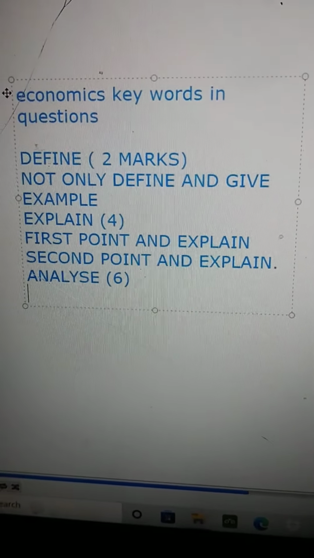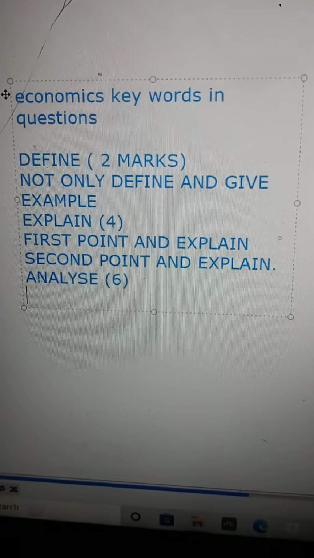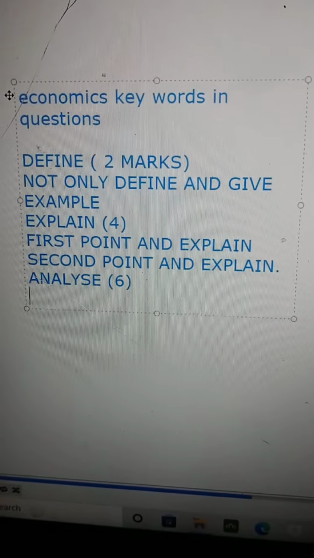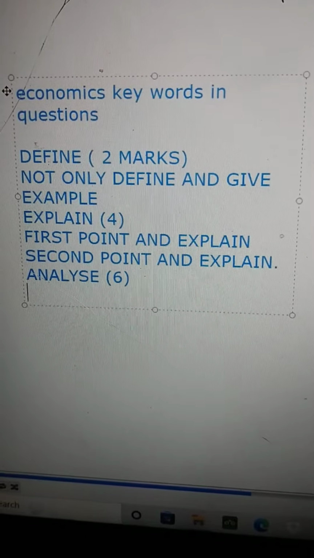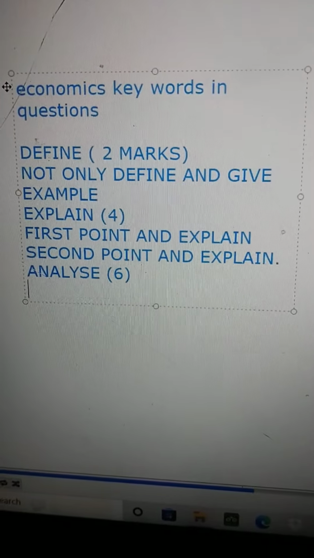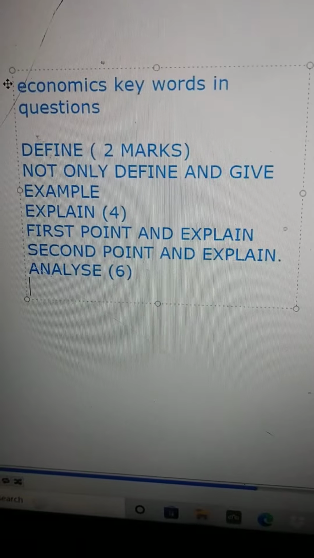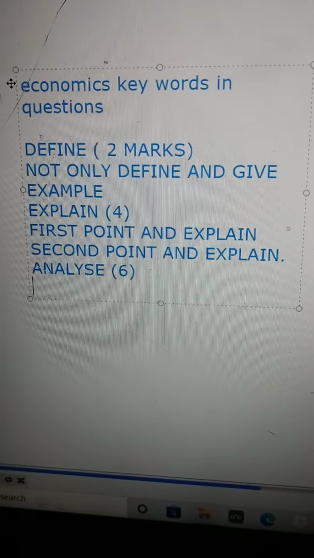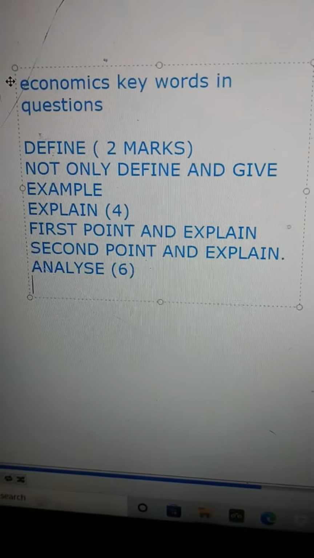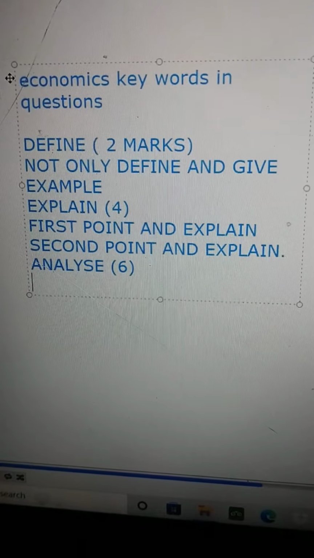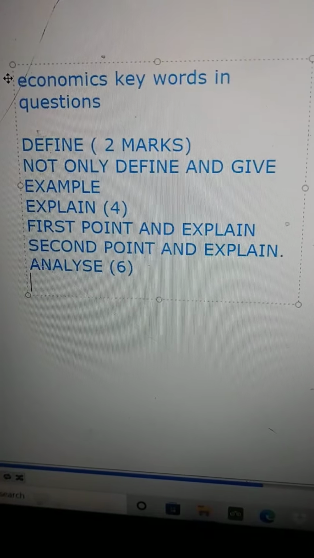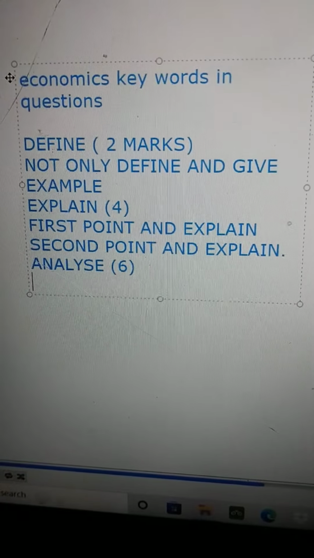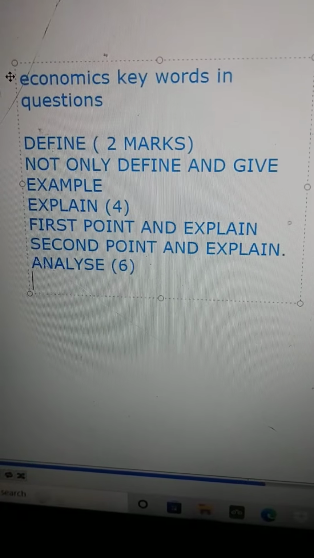there will always be a one-sided answer. For example, if they say analyze the causes of market failure, we just have to write positively that market failure will occur because of monopoly, because of higher social costs, external costs, all these things. It can never be a two-sided answer.